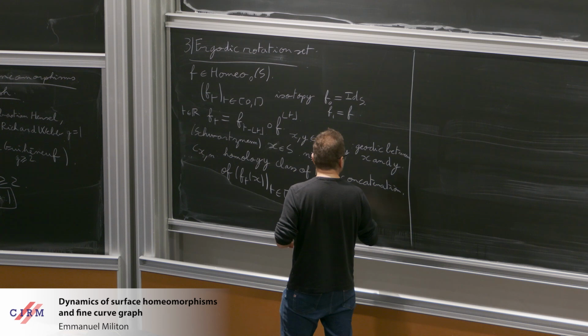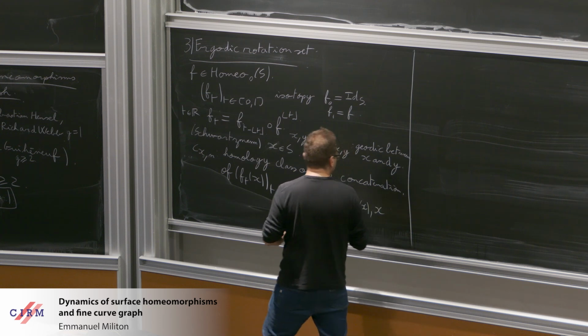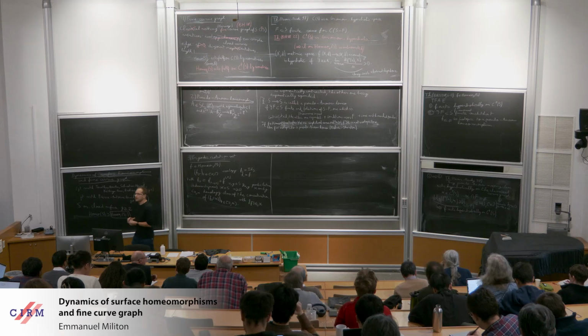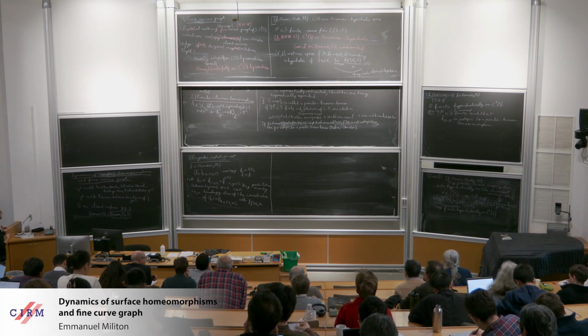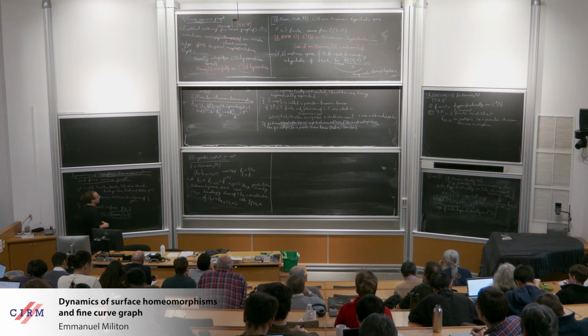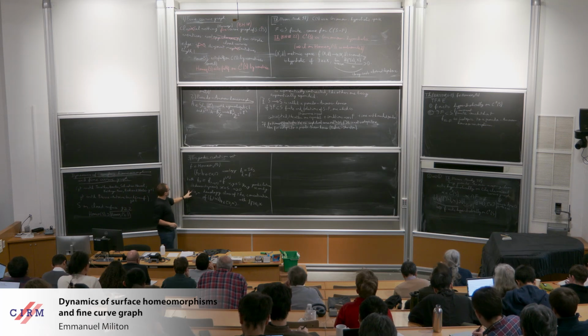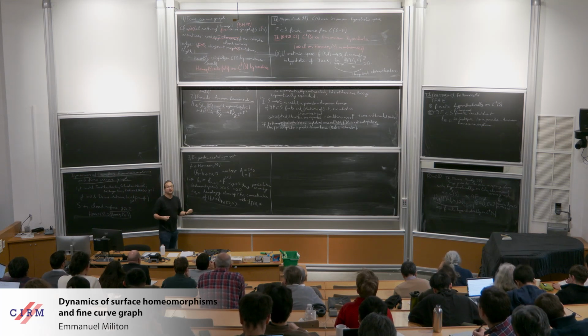So I close the orbit just by taking some short path between f^n of x and x. And basically what we want to do is divide by n and take the limit.